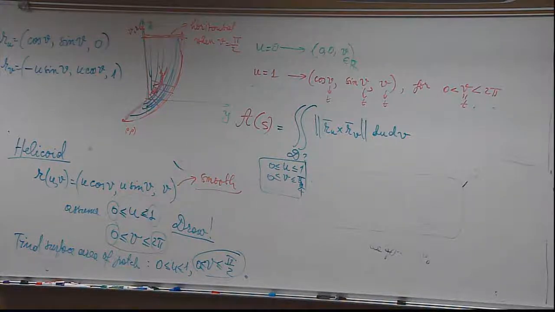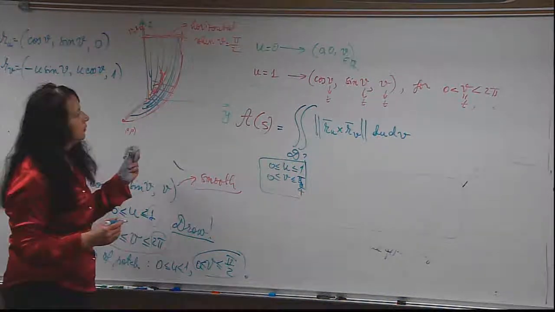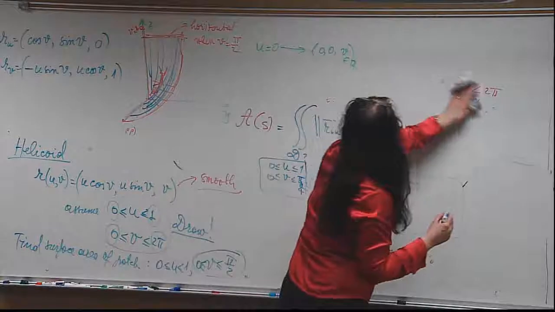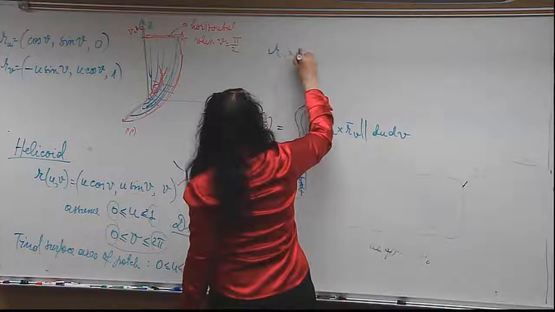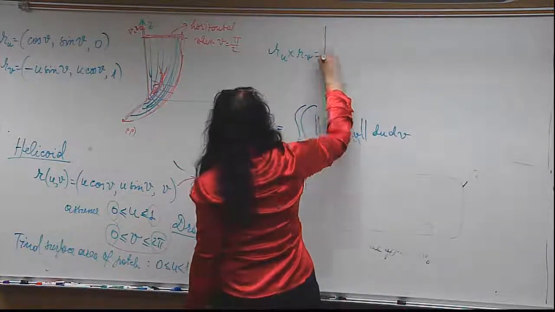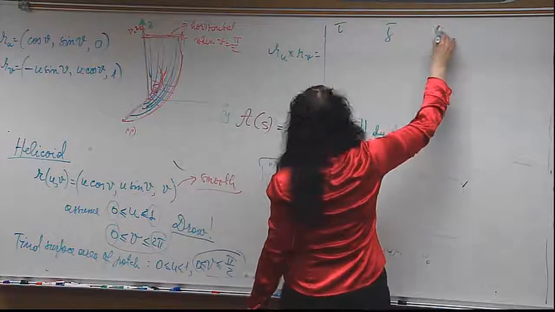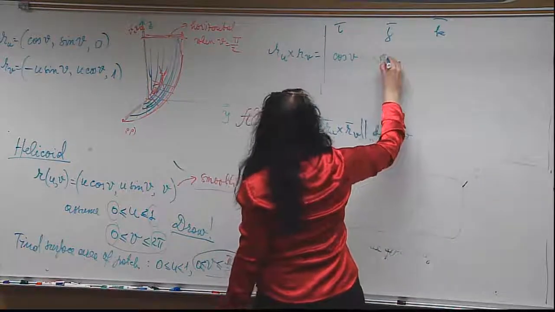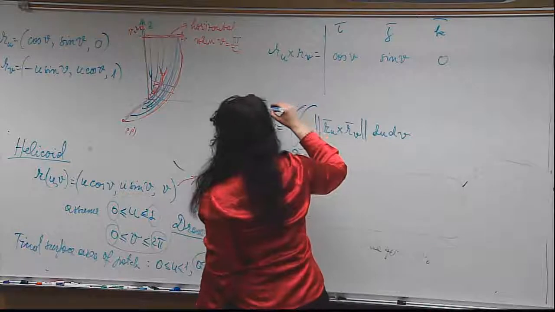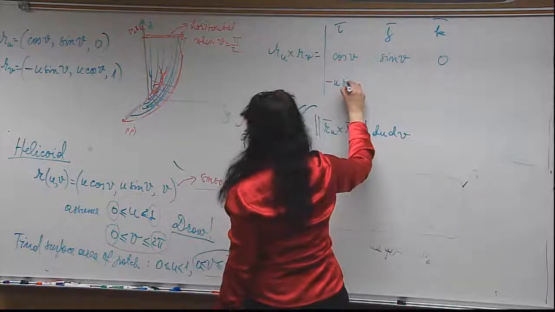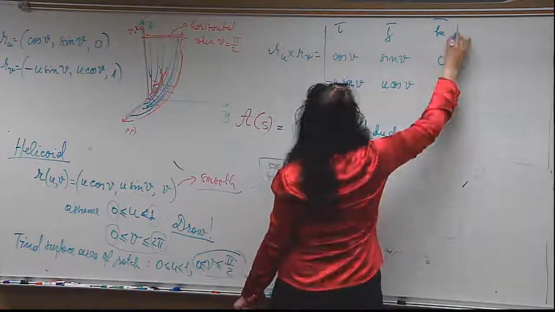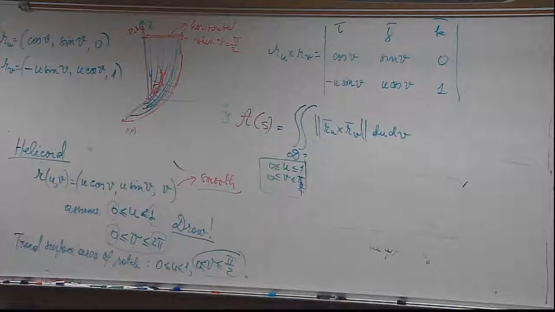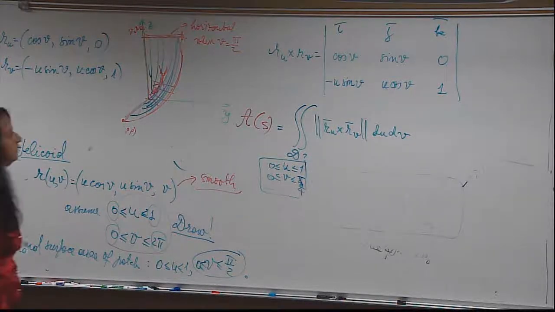All right. So, I have to compute the cross product. i, j, k, of course, right? Cosine v, sine v, 0, and negative u sine v, u cosine v, and 1.